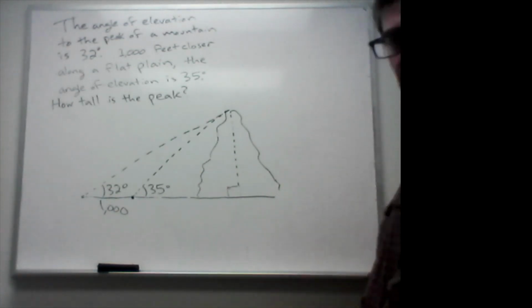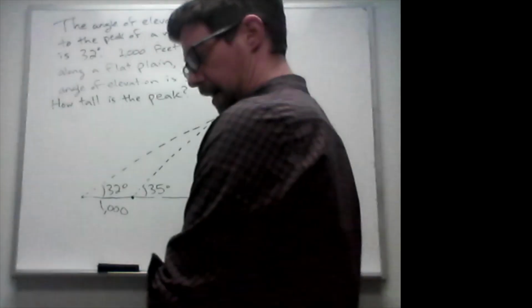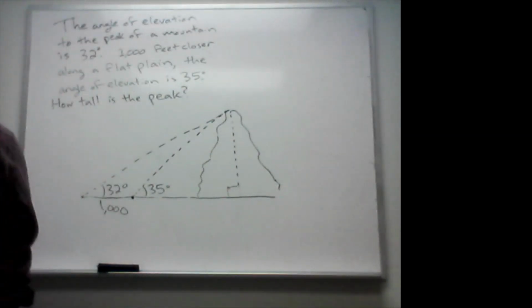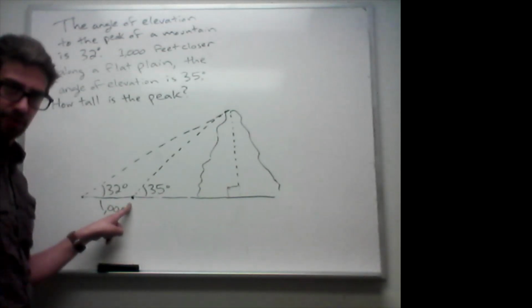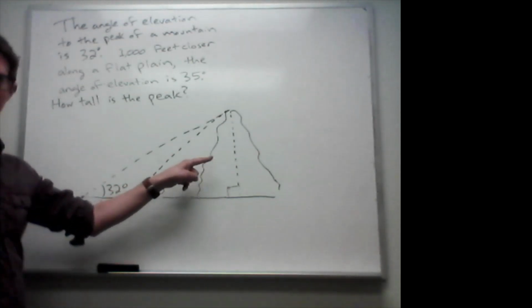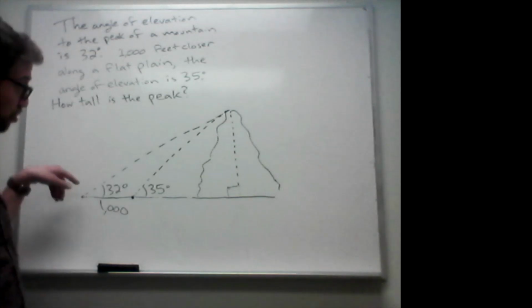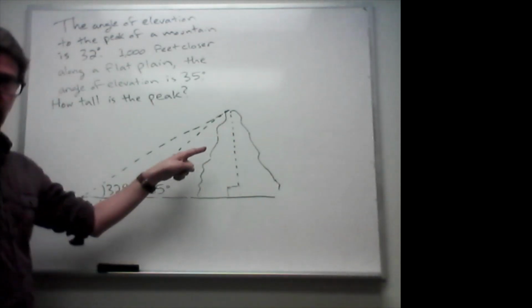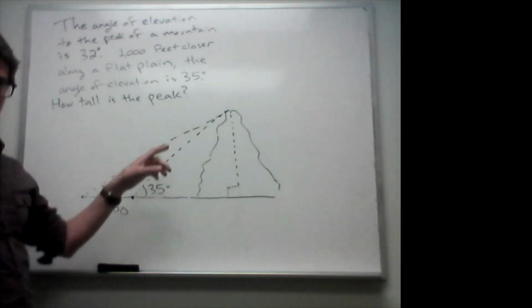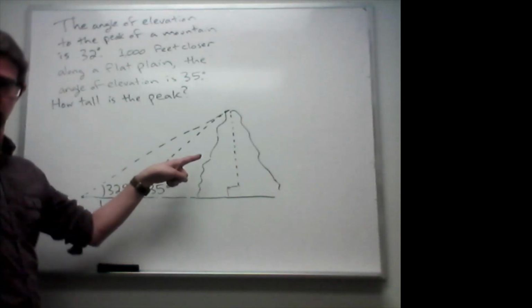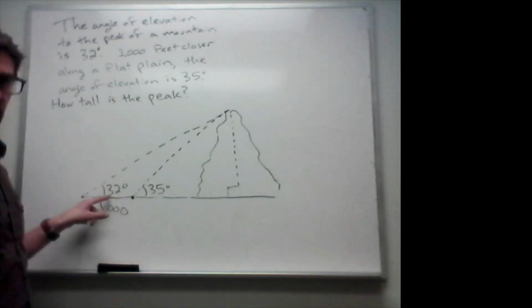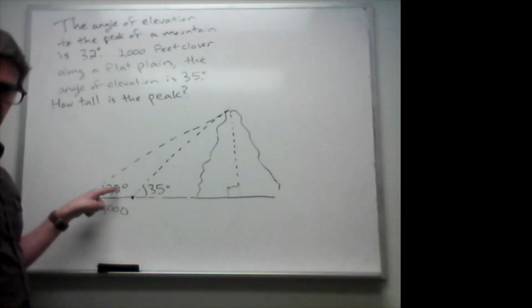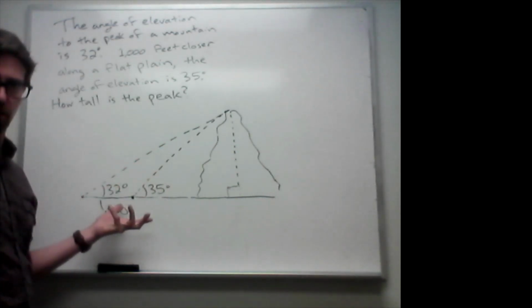Okay, so there's not just one way to do this. Here's what I'm going to do. I'm going to find the hypotenuse of the right triangle, the smaller of the two right triangles, right? There's actually two right triangles here. There's this smaller one and this bigger one. I'm going to get the hypotenuse of this smaller one. And I'm going to do that based on the fact that I know a little bit. This skinny oblique triangle over here is the only one I know anything about.